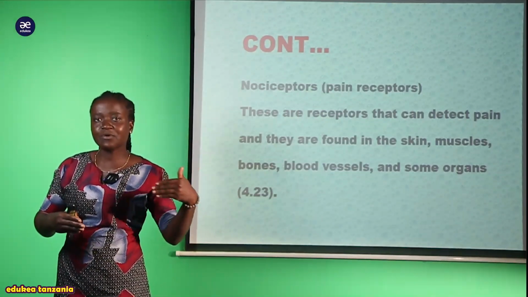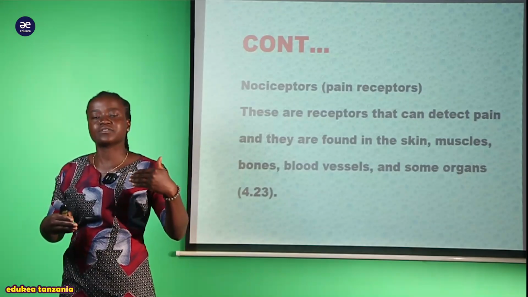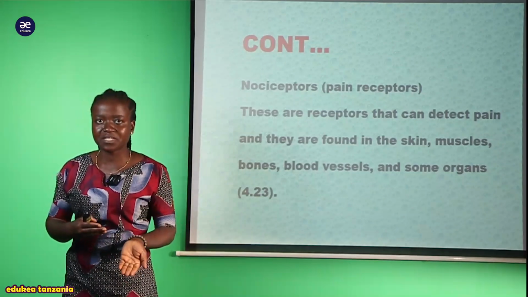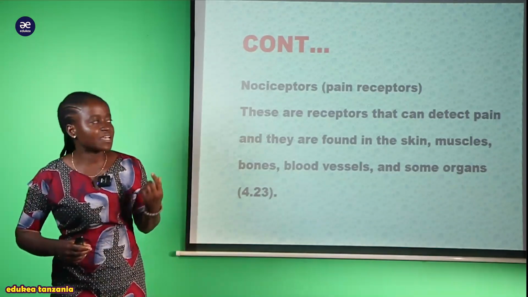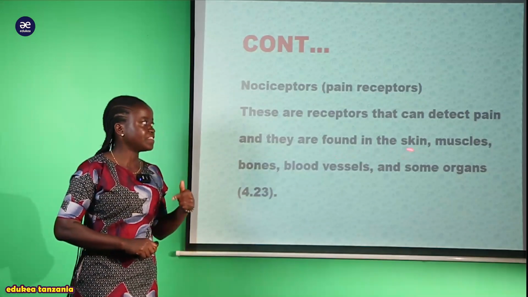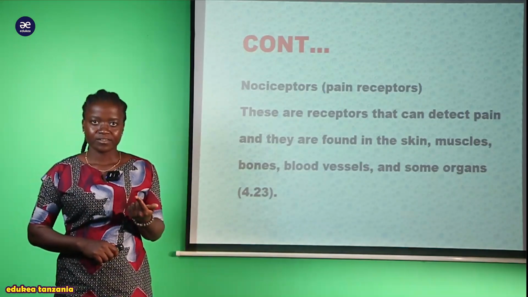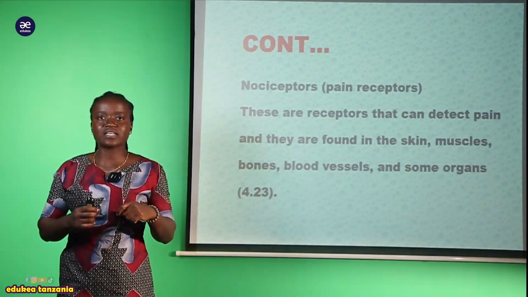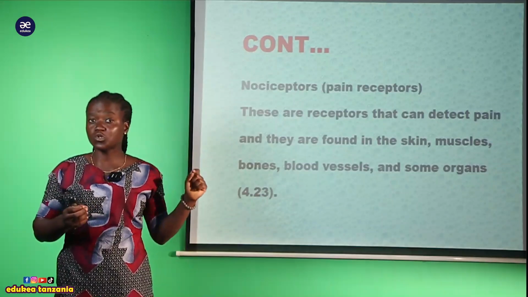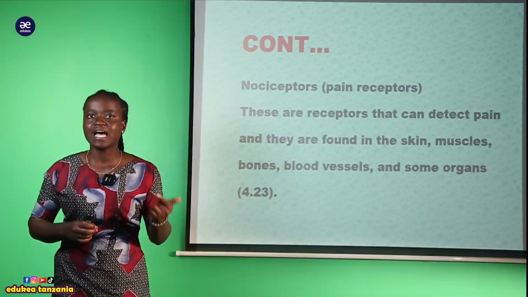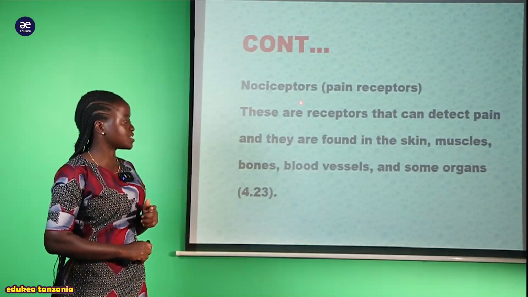Where are nociceptors, or pain receptors, found? We are saying that they are found in the skin. Within your skin, you sense that there is pain due to the presence of these pain receptors, or nociceptors.